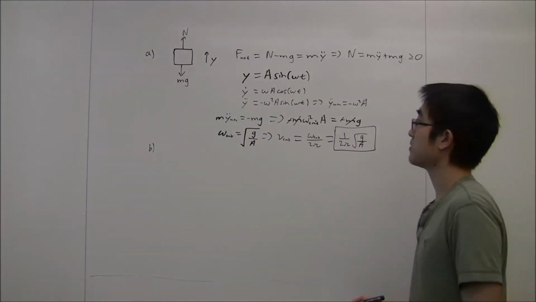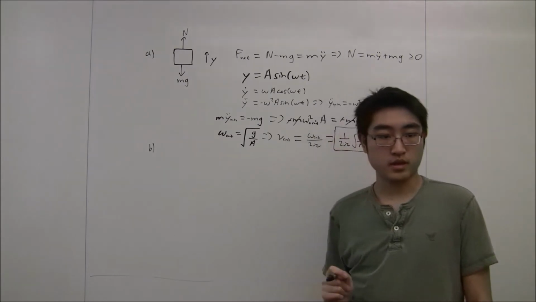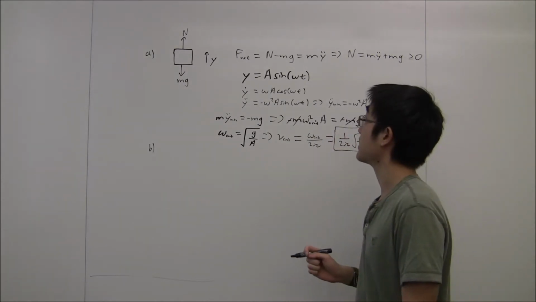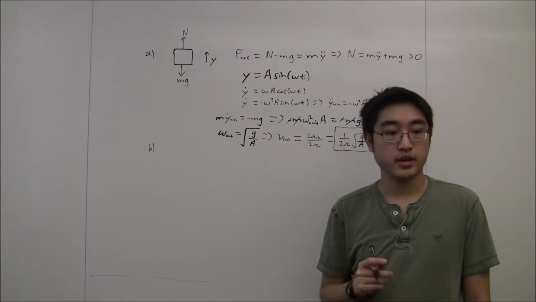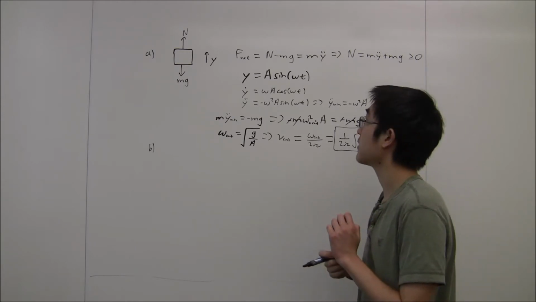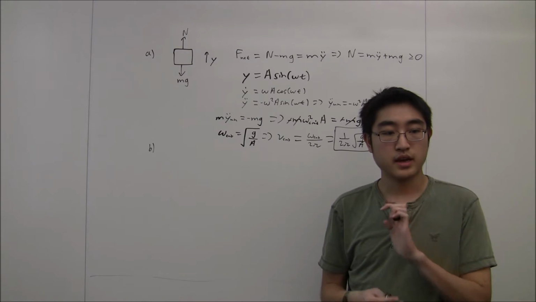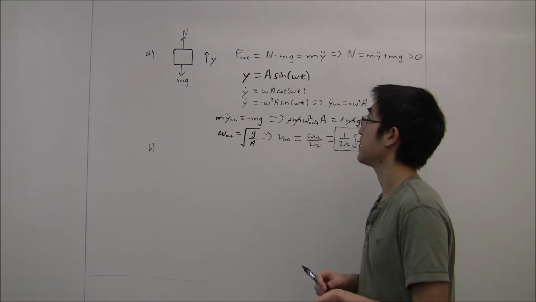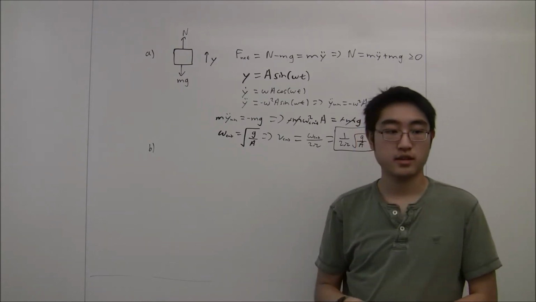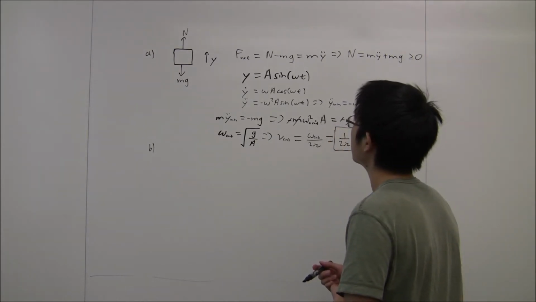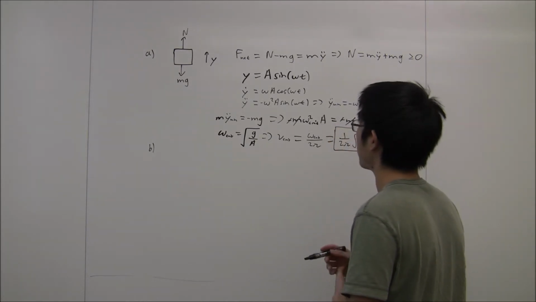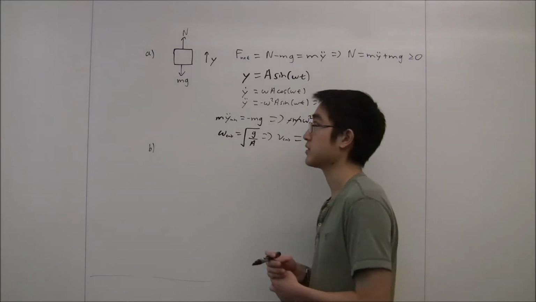Now in part B of the problem, we're going to assume that the frequency is greater than the critical frequency, and we're asked to figure out how far above the lowest point of the platform the block leaves the platform. In this case, when the normal force is 0, that's when the block leaves the platform.